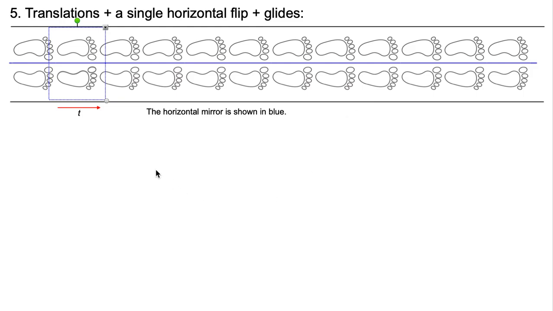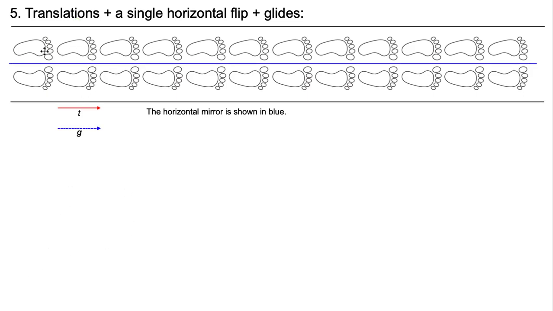Now the neat thing about having both a horizontal flip and our usual translation symmetry is that it's going to force us to have a glide. And I want to look at that.